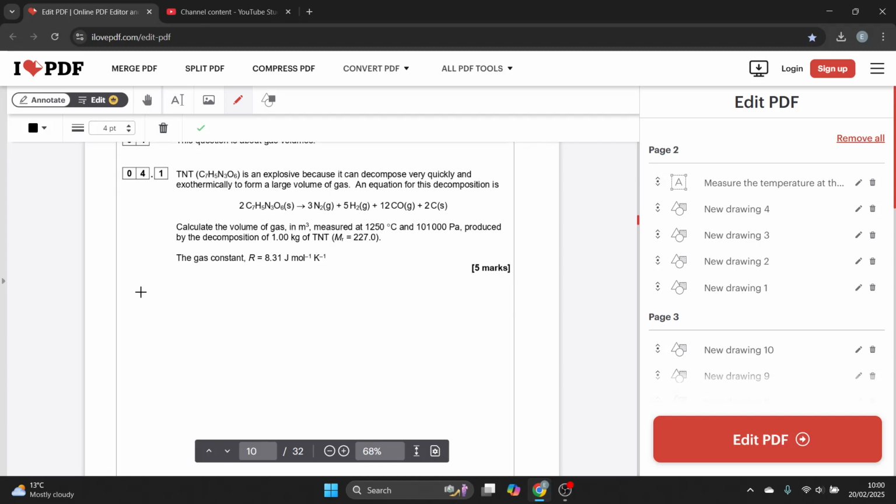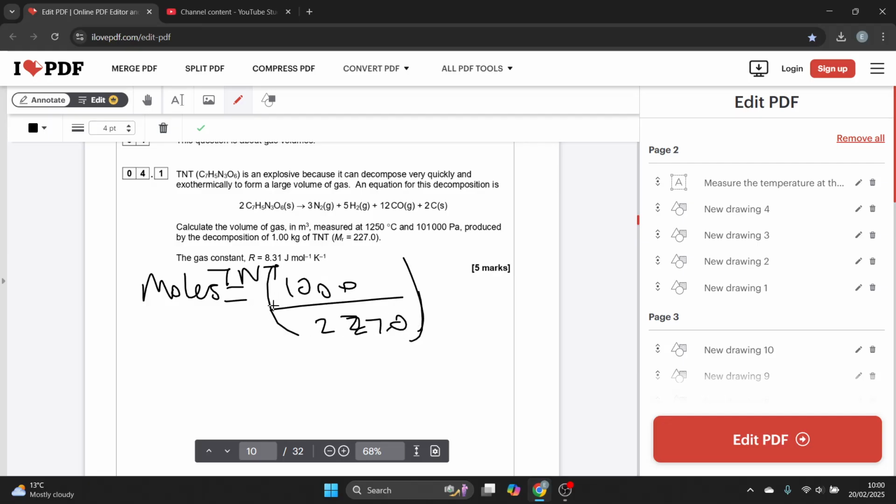So the first thing I would do is find the moles of TNT, which is mass in grams divided by the Mr. I'm going to leave it like that. Then I know I'm going to need to use PV equals nRT.